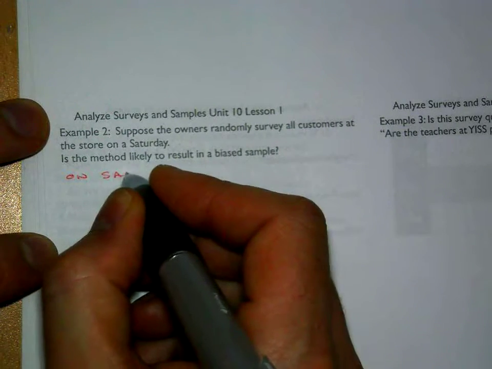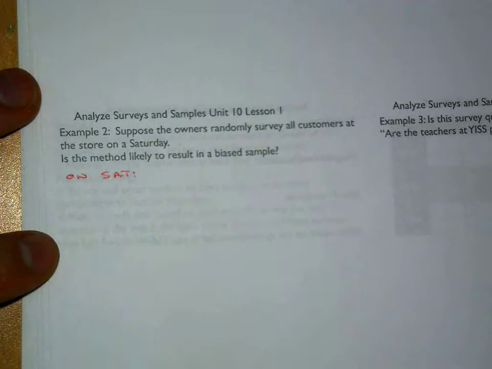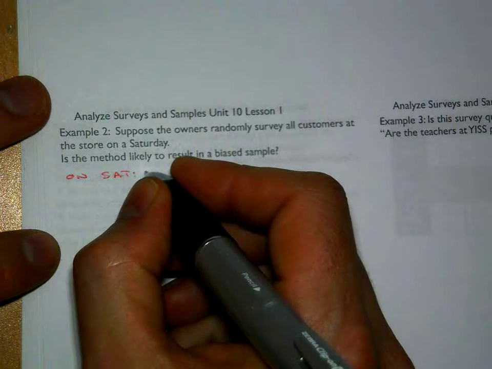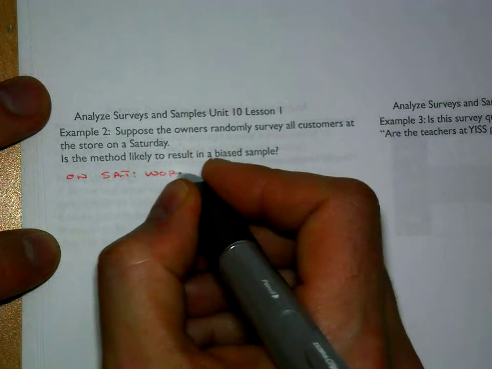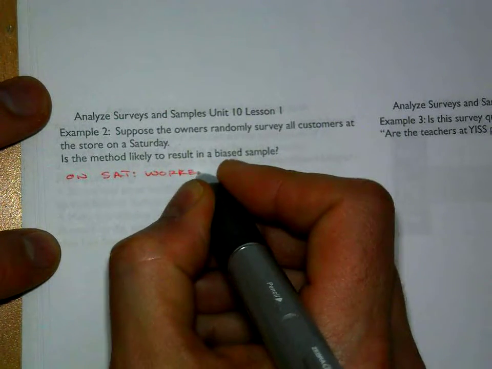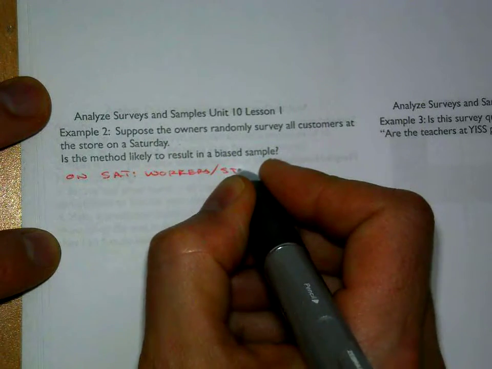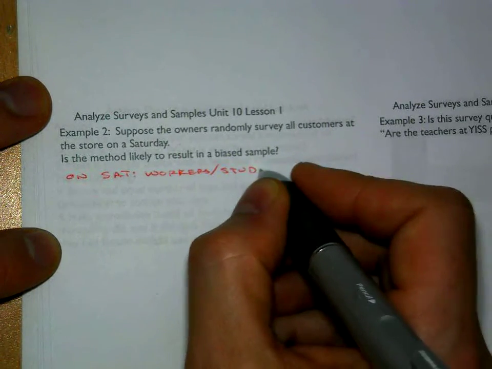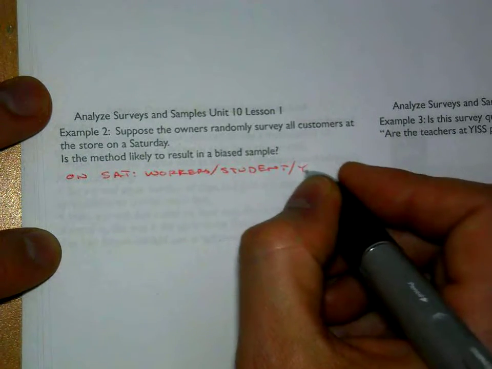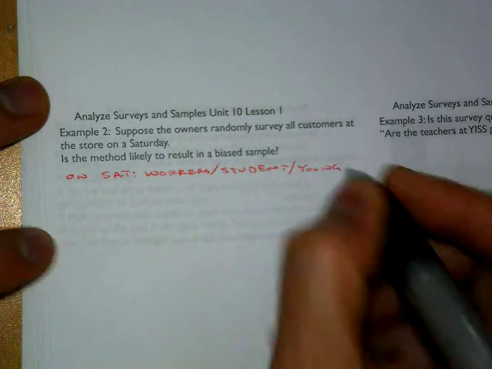It might be different than the people who come to the store on a weekday. On a Saturday, who's really going to come in? Well, probably people that have to work or go to school. So workers, students are much more likely to come in. Young people maybe would be more likely to come in on a weekend.